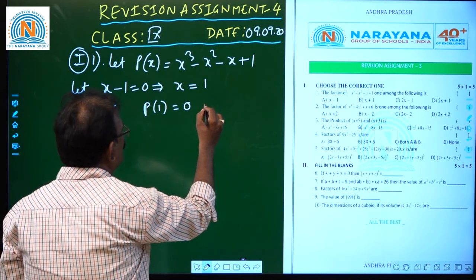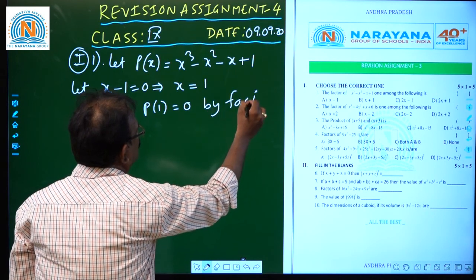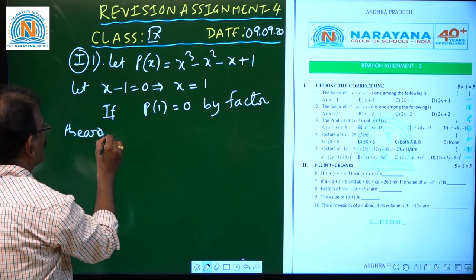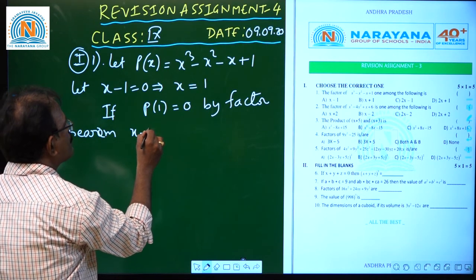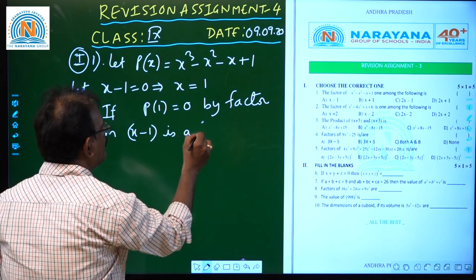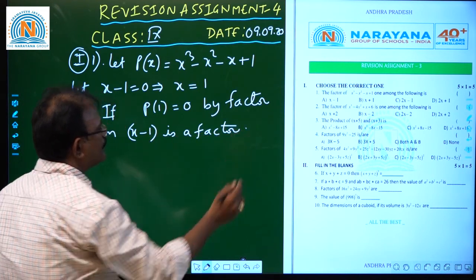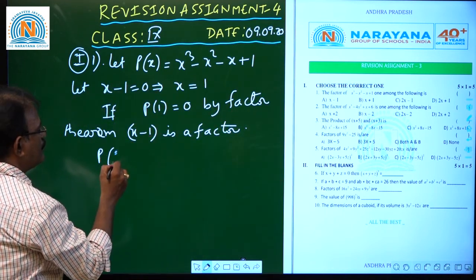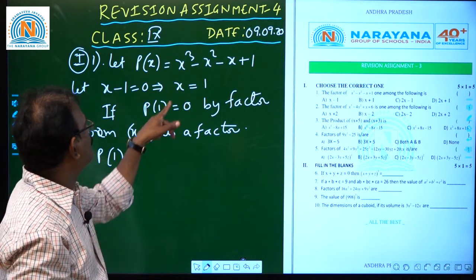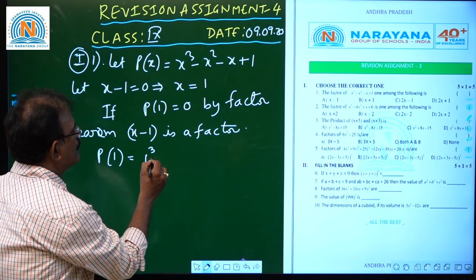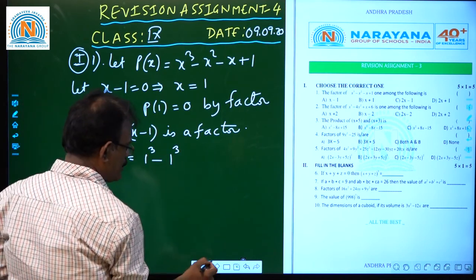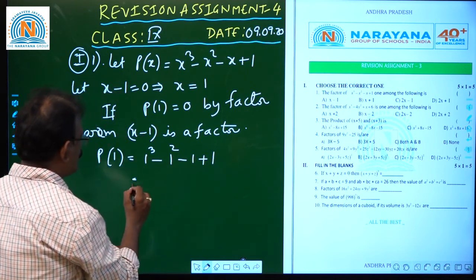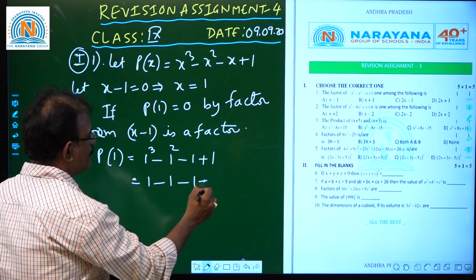If p of 1 equals 0, by the factor theorem, x minus 1 is a factor. Like that we need to check all the options. So p of 1 is equal to, wherever we have x, let us substitute 1. 1 cube is 1, 1 square is 1, minus 1 plus 1.